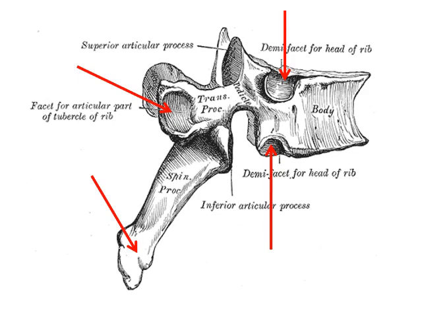So these are the features of a typical thoracic vertebra. A typical thoracic vertebra will have a heart-shaped body with two demifacets superiorly and inferiorly for the heads of the ribs.